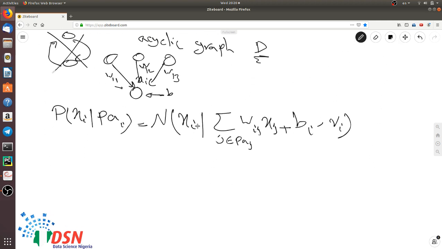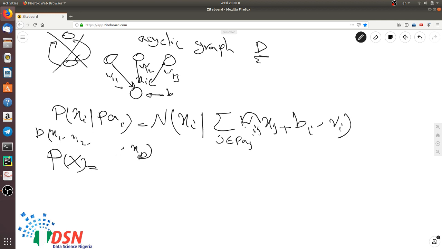Okay, so this model has Wij and Bi as the parameters, and also Vi. These parameters control the joint distribution of this model. Now, if you remember the joint distribution, when I write capital X here, it means x1, x2, up to xd.